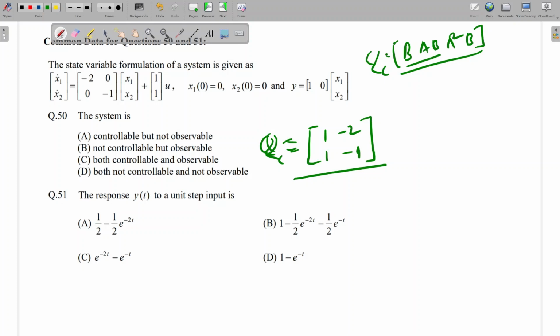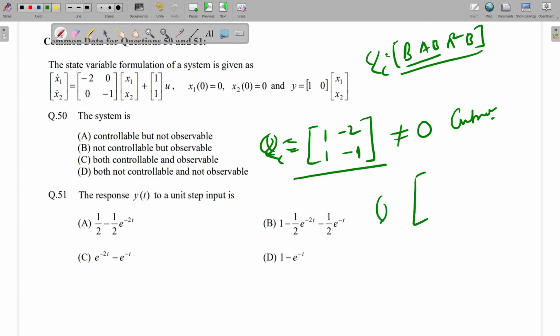So B, AB. AB is minus 2, minus 1. If the determinant is equal to 0, then it is not controllable; if it is not equal to 0, then it will be controllable. Now I am writing C, CA.